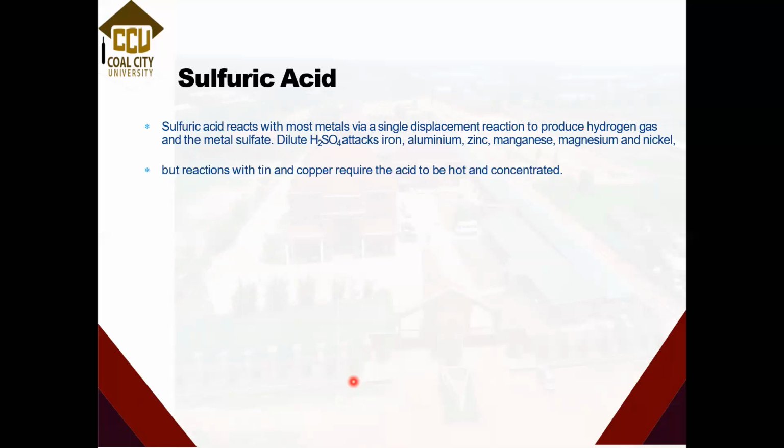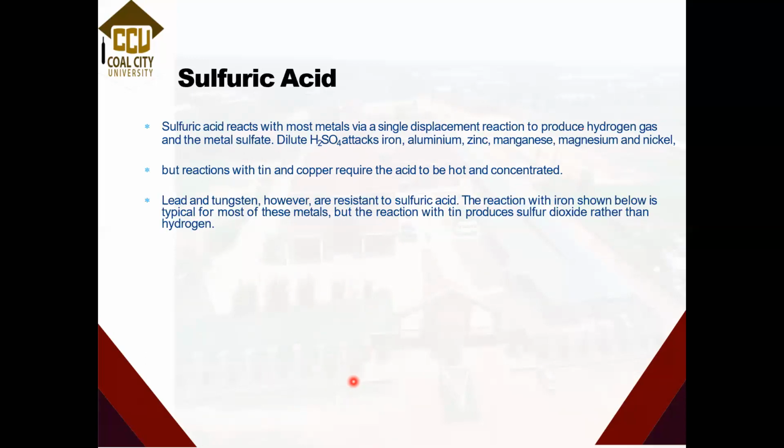But reaction with tin and copper requires the acid to be hot and concentrated. So you see some reactions where they tell you hot sulfuric acid. In order to react with metals like tin and copper, it must be hot and concentrated. Lead and tungsten, however, are resistant to sulfuric acid.